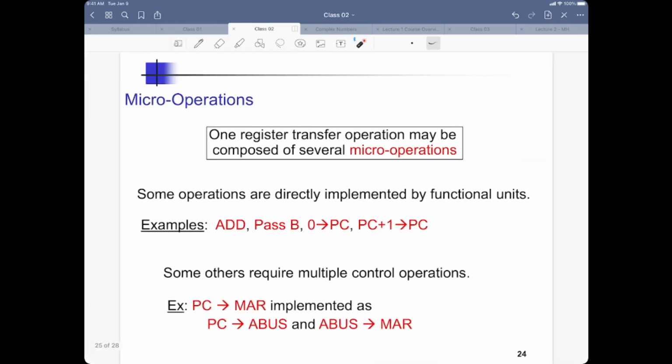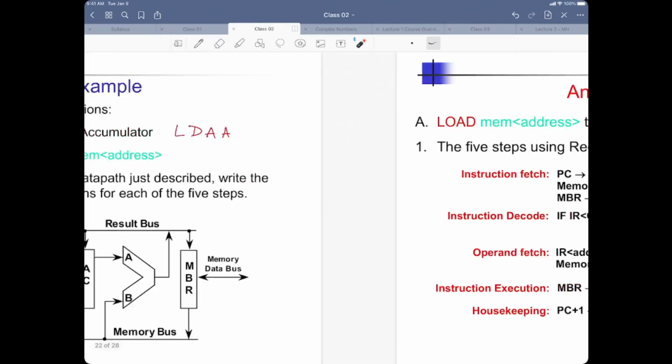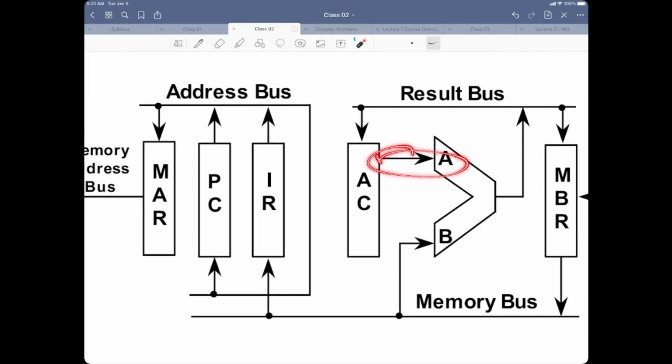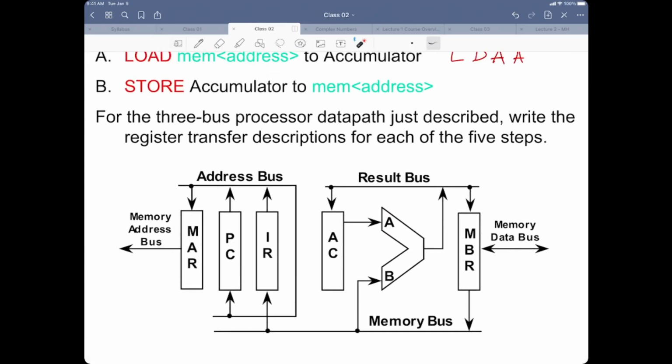Let's see. A little bit about micro operations. May I ask a question? Go ahead. In the 3-bus design, the accumulator doesn't have a path directly to MBR, so it goes through the ALU. But when we have the controller, it appears to have us going to the MBR directly.